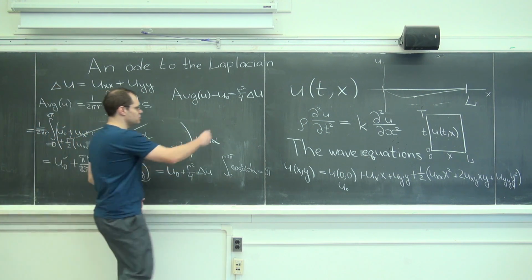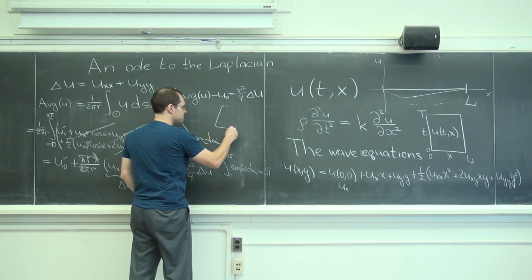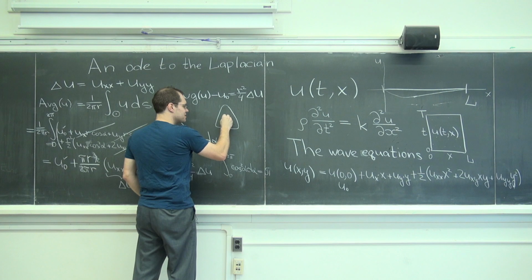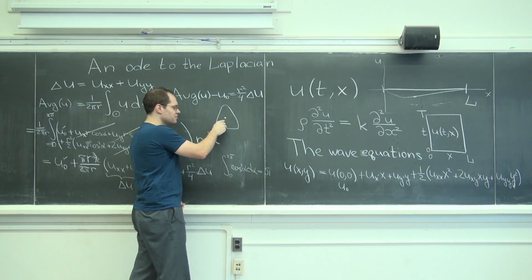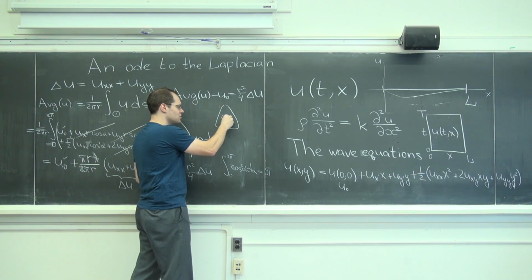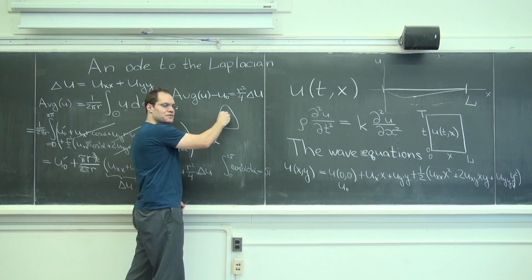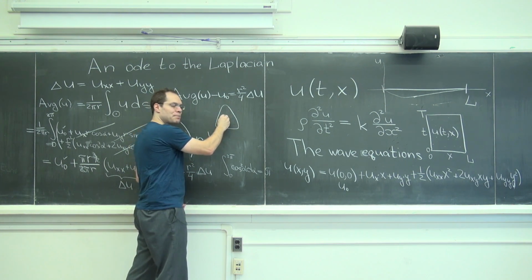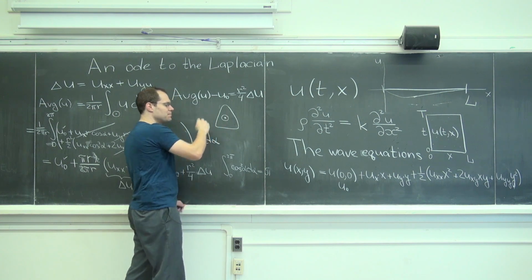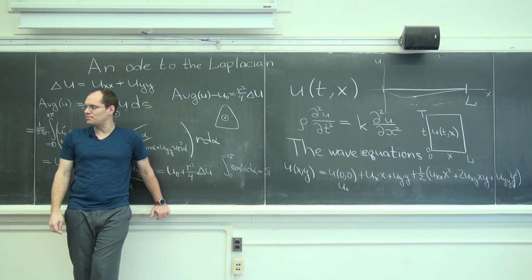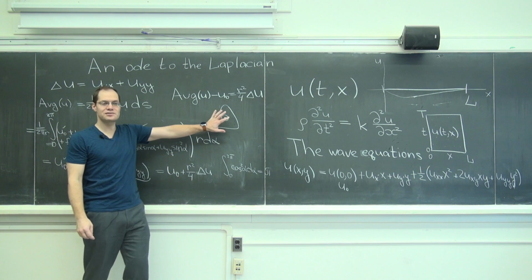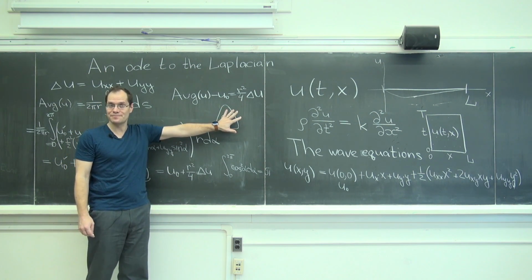Actually, I do want to draw a picture. So going back to this drum, the interpretation is that if I pick a point and draw a little circle and find the average of the values of the function on the circle, and I compare it with the value at this point, the discrepancy will be proportional to the Laplacian. So why was it important to draw the drawing?